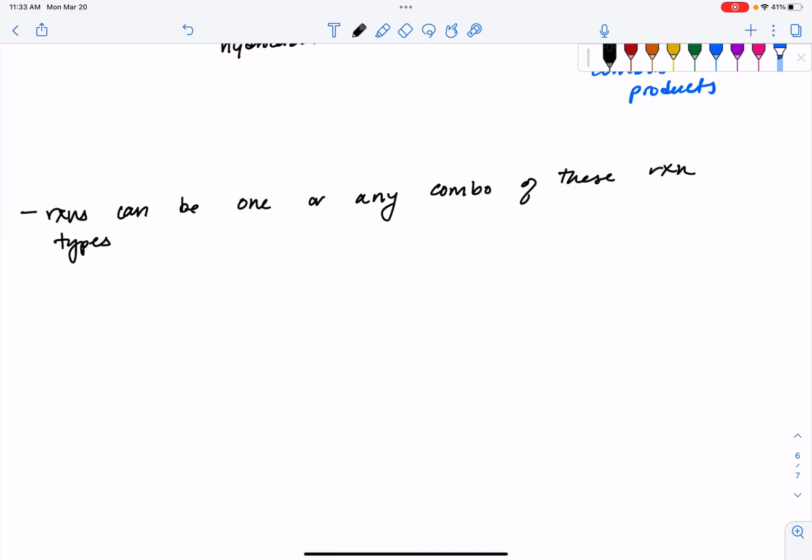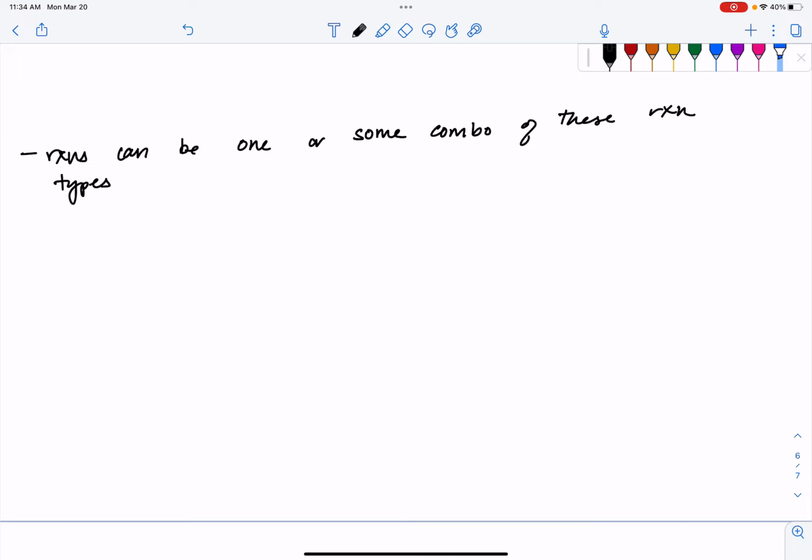I shouldn't say any combo, I should say some combo, because it's unlikely that we see a combustion followed by, I don't know, a double displacement, but we might see some kind of combustion followed by a thermal decomposition or something.